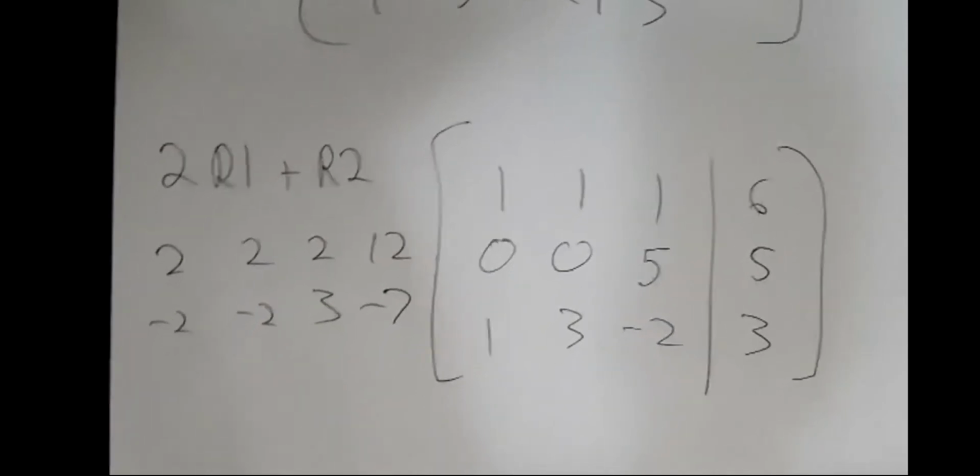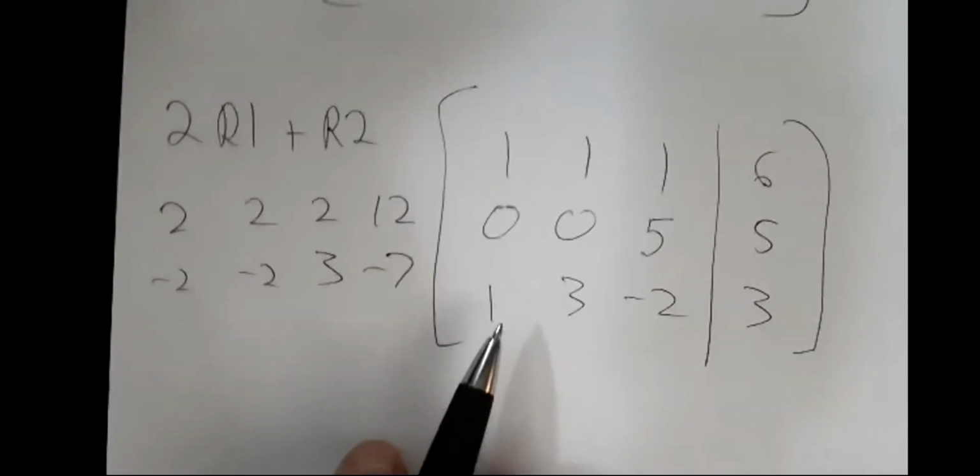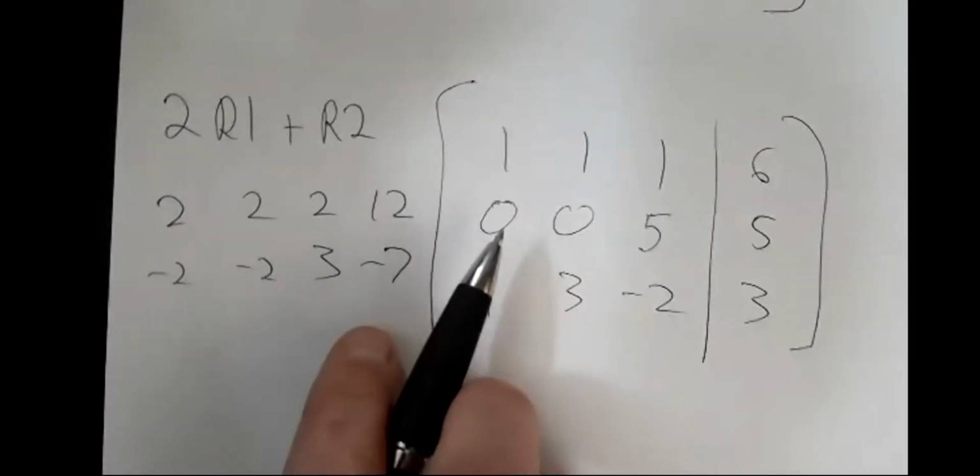So, what do I want to do next? I have this as my matrix. I multiply row 1 by -1, and then I add it to row 3. Okay, so I got my 1 here, I got my 0 here.